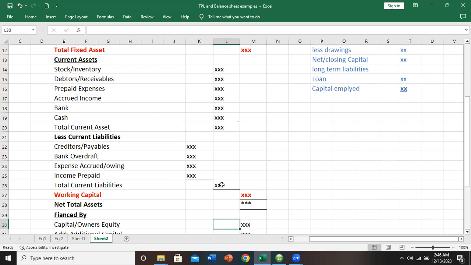And when you less, please pay attention because this is highly examinable. When you less current liabilities from current assets, what you get is called working capital. So working capital is the difference between current assets and current liabilities, or working capital is current assets minus current liabilities.